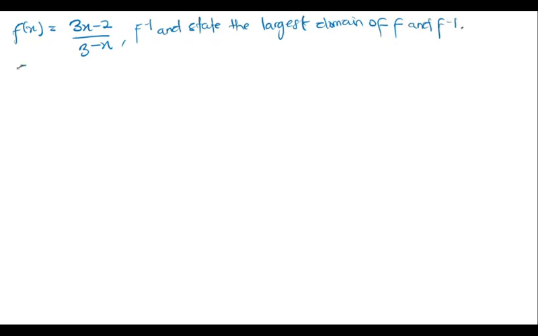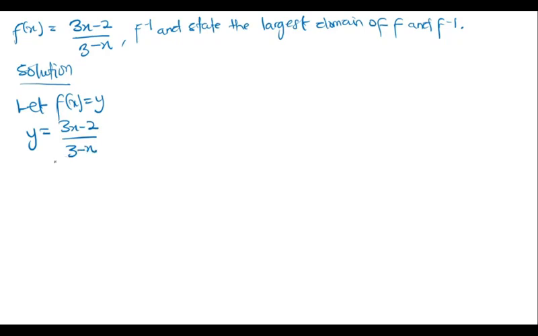Alright, so we write down our solution. First of all, we say let the function f of x be equal to y. So y is equal to (3x - 2) divided by (3 - x). We interchange the position of the variables as usual. So we have x is equal to (3y - 2) divided by (3 - y).